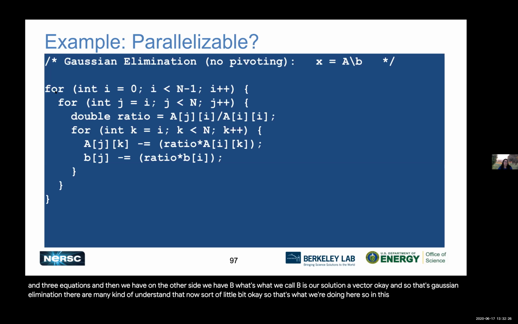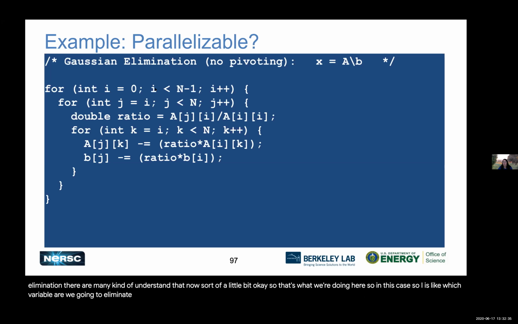In this case, I is which variable we're going to eliminate in the rest of the equations. J is iterating down the rest of the equations. And K is iterating across where we're doing this subtraction. So let's say we're doing the 0th, the top row.